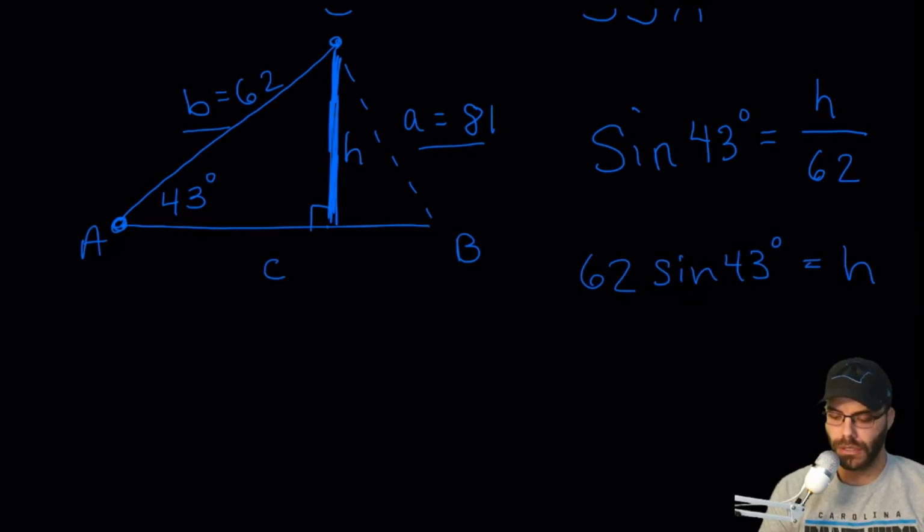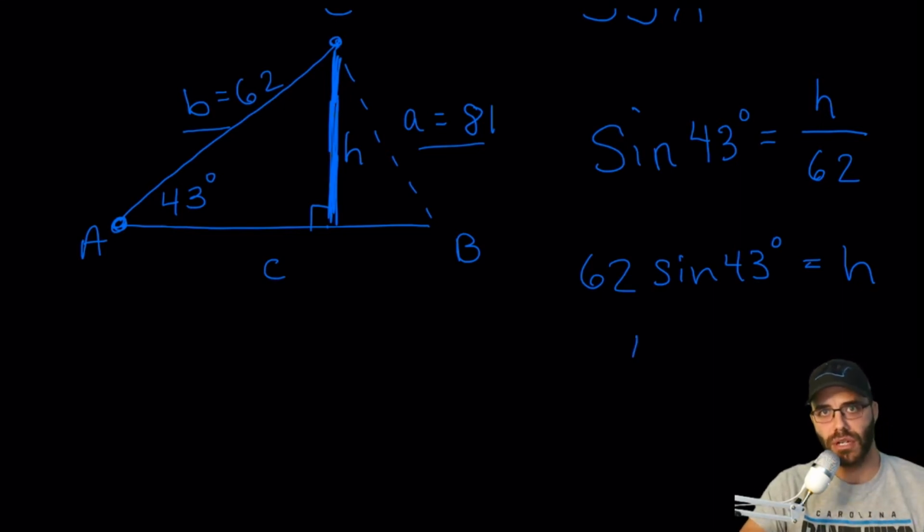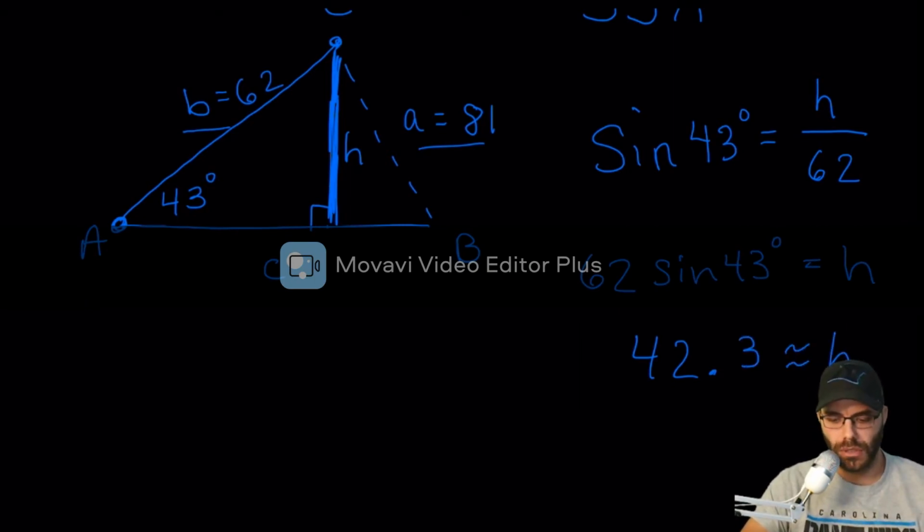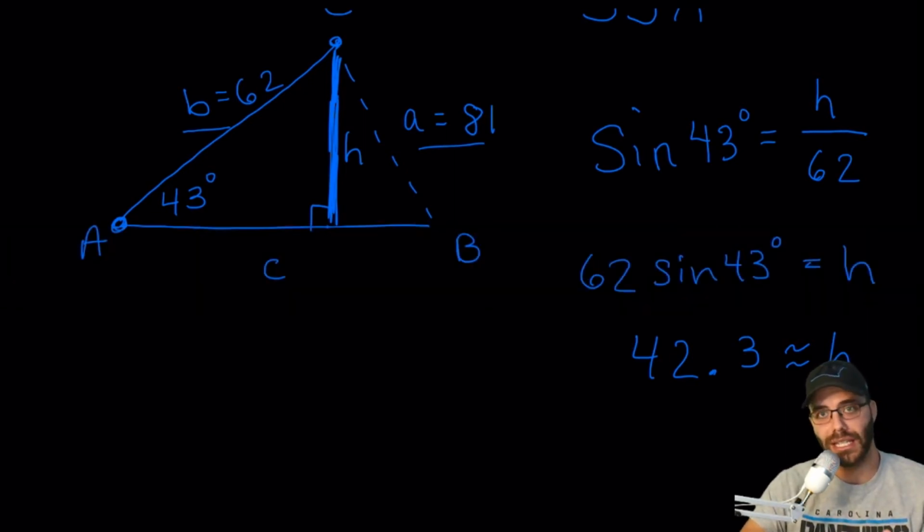42.3. Okay. In this example, do we have a triangle? Do we not have a triangle? Or do we possibly have 2 triangles? Well, to determine that, we want to compare side length A to the height and also to side length B. Okay.